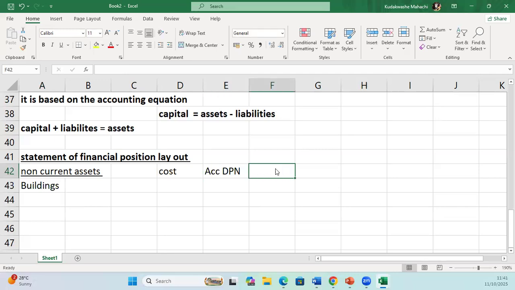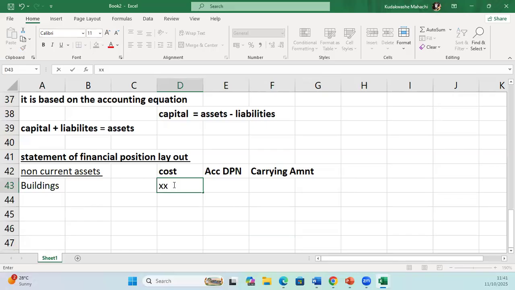Then we have the carrying amount. So for the balance sheet, we are going to have the cost, accumulated depreciation, and the carrying amount, or some can say the net book value. So for the buildings, we put the cost here, the depreciation here, and the carrying amount.